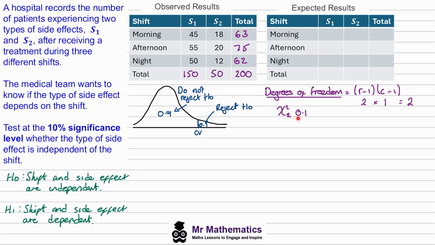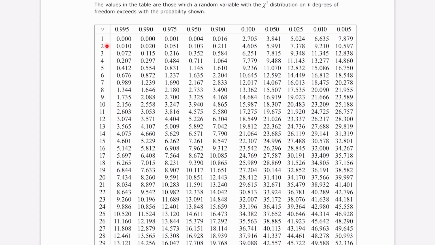So with this information, we can find our critical value using the chi-squared distribution tables in the formula booklet. In our first column, we have the degrees of freedom, and you can see we want 2 degrees. And in the top row, we've got our significance level, and we want 0.1.